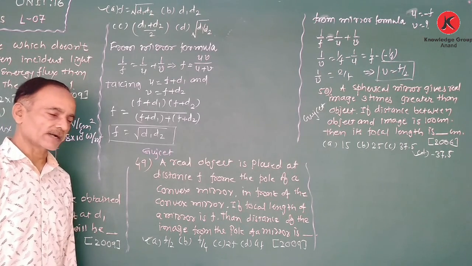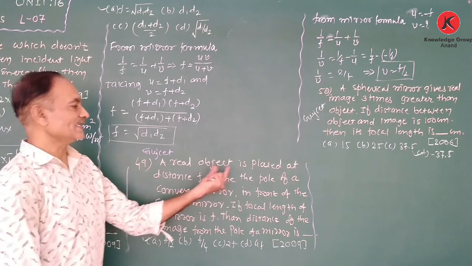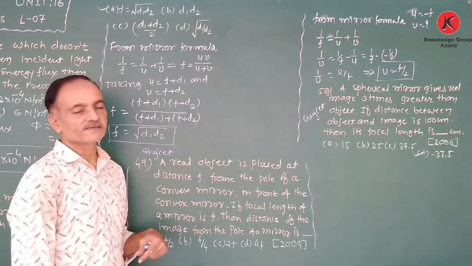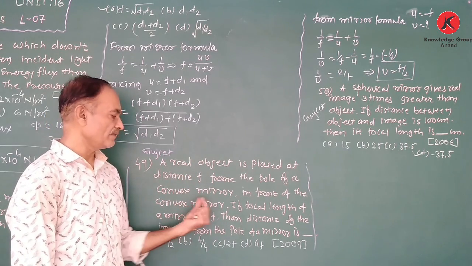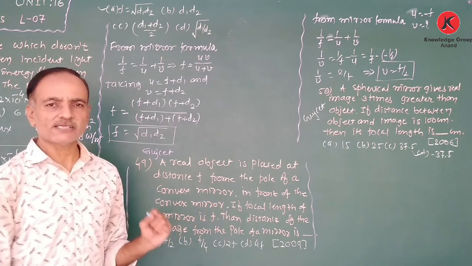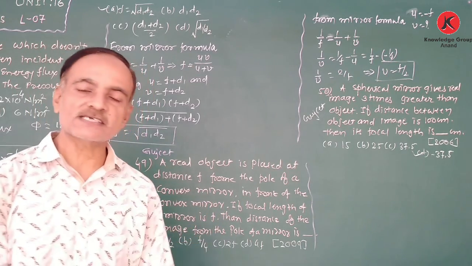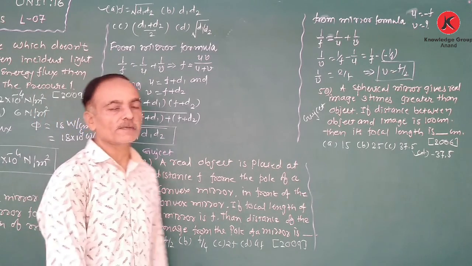Again, a real object is placed at a distance from the pole of a convex mirror in front of the mirror. If the focal length of the convex mirror is f, then what is the distance of the image from the pole of the mirror?